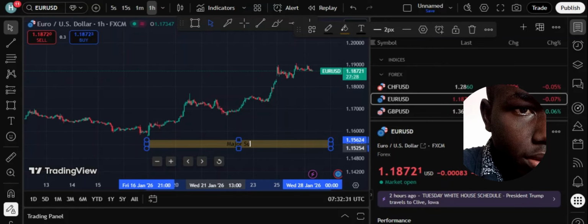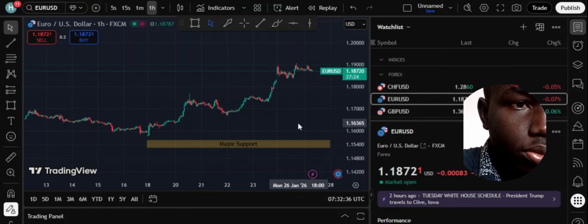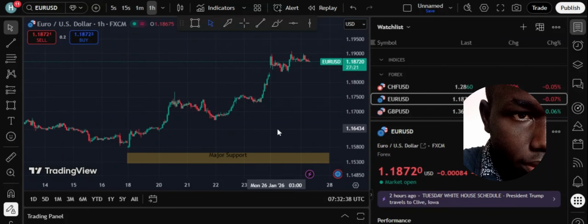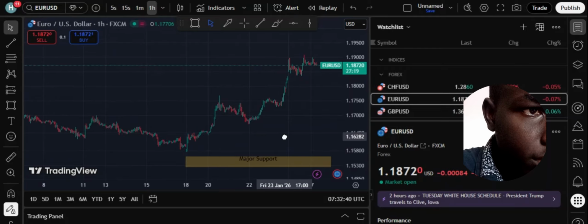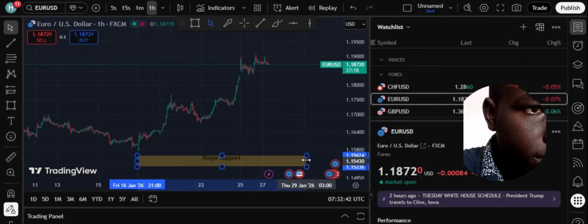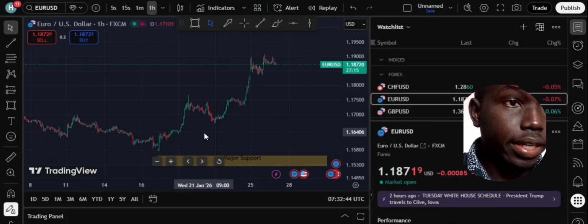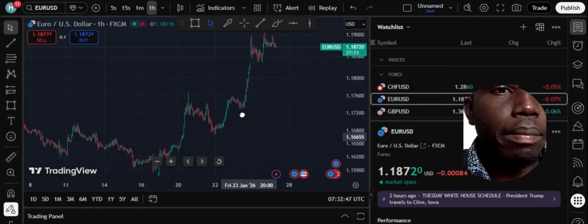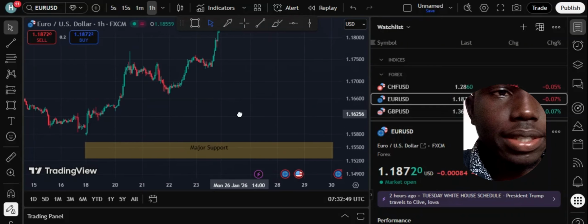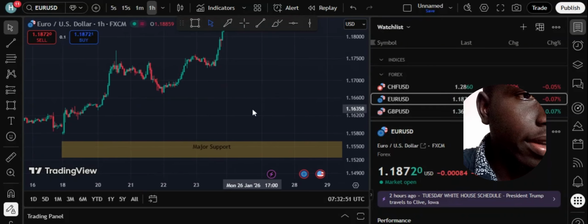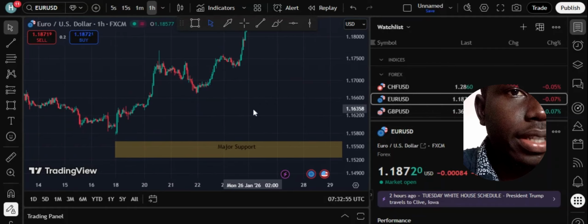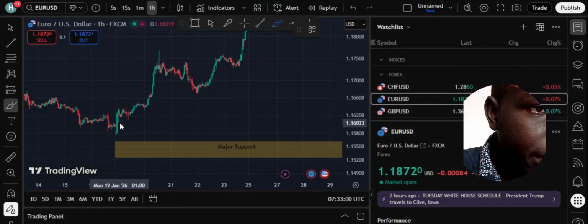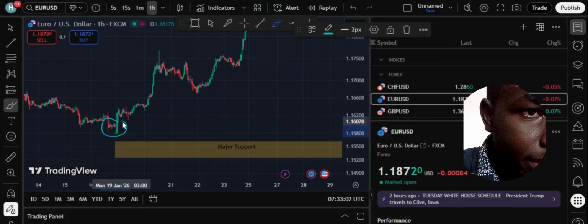Now we need to get immediate support, at least two immediate supports. That is how you get an immediate support. You look for the major low the market has made, and in our case the major low is specifically this one here. Then from there you mark that.